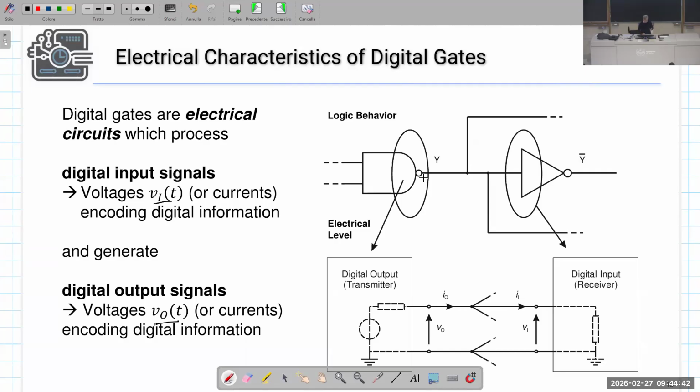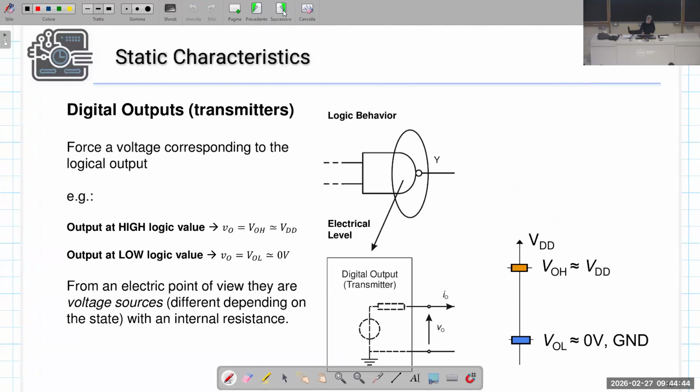Now let's enter into more details because we need to give some specifications at the electrical level. We need, in a way or another, to associate the digital information that is high logic level or low logic level to the voltage signal which represents the output of the gate. How to do that?